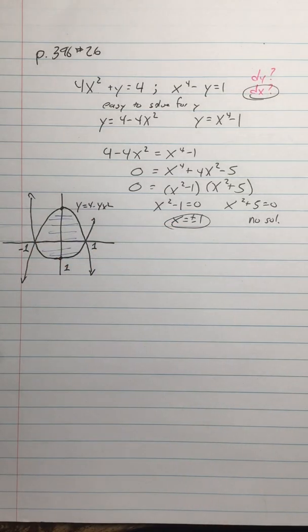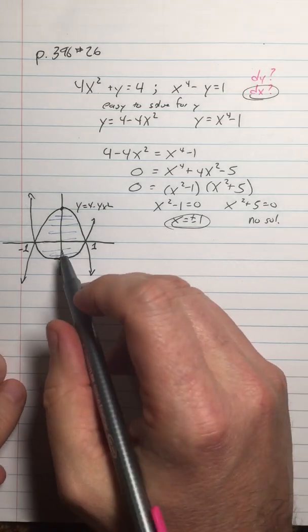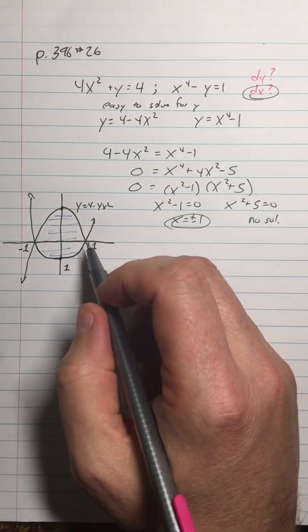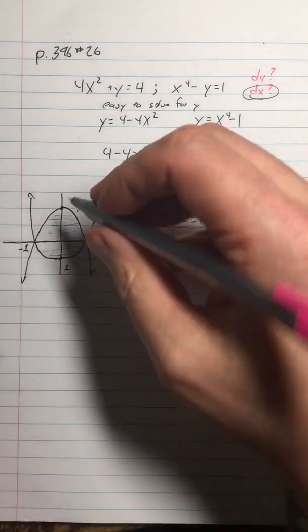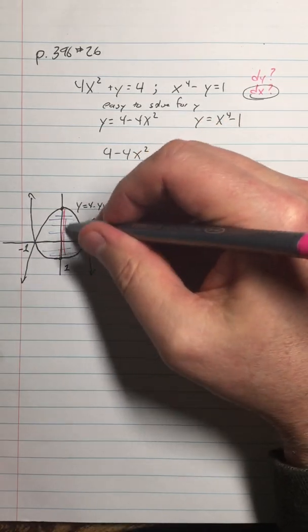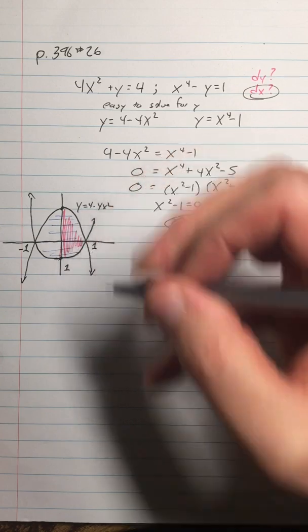Now we can set up the integral, but we're going to learn a nifty shortcut that we could have used on one of the prior problems. You can't always use it, but when you observe that the graph is symmetrical, take advantage of the symmetry. This graph is symmetrical with respect to the y-axis.